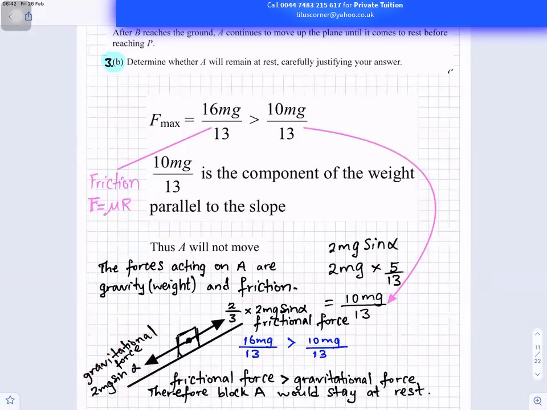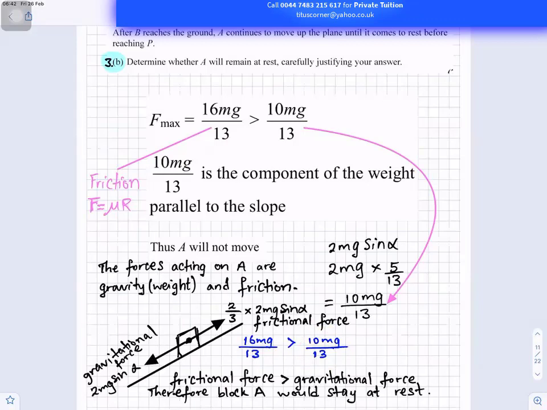Which one is bigger? The downward force is 2mg sine alpha, and 2 over 3 times 2mg for the frictional force. So what happens is you have 16mg over 13 is bigger than 10mg over 13.